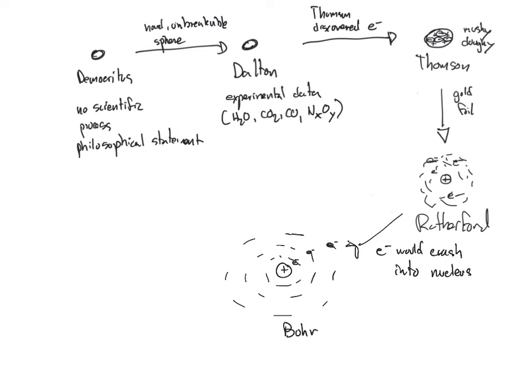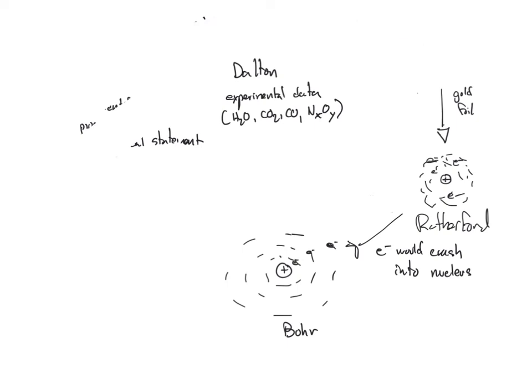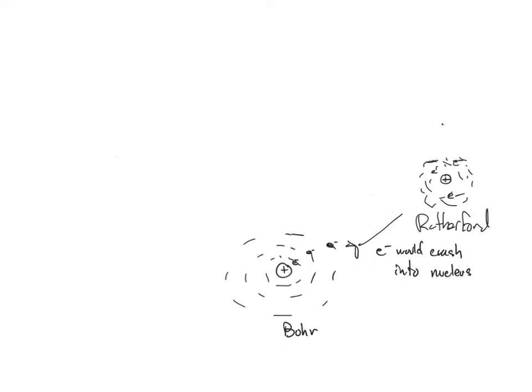What is interesting about Bohr's model is that it kind of builds into Thomson's experiment. If I can find a way to erase all that, I can show you what I mean.